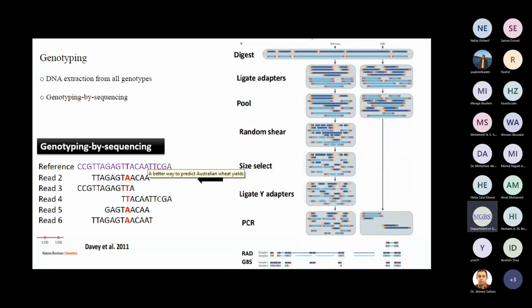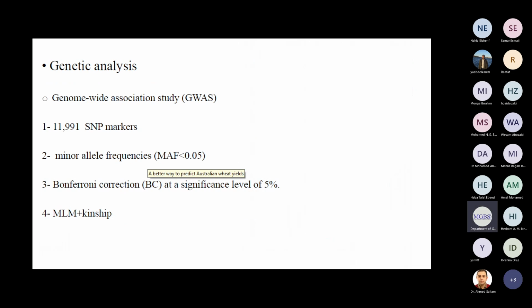And we go for genotyping. We extract DNA, we send it for sequencing, and this is a genotyping-by-sequencing method. I don't have time to describe this, but from this method, we have got a lot of SNP markers from this population. We performed a genome-wide association study and got 11,091 SNP markers from GWAS.